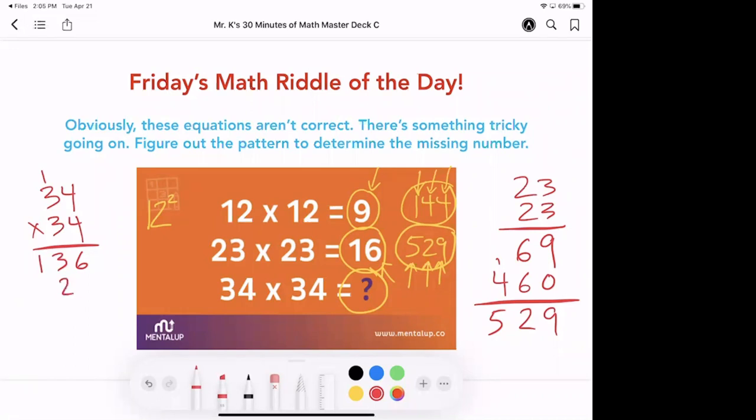And then I have that, and we wind up with that. And if you add all that up, 1 plus 1 is 2, plus 5 is 7, plus 6 is 13. Well done, well done.